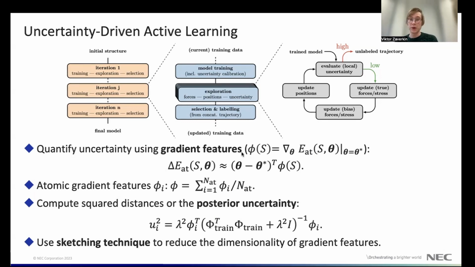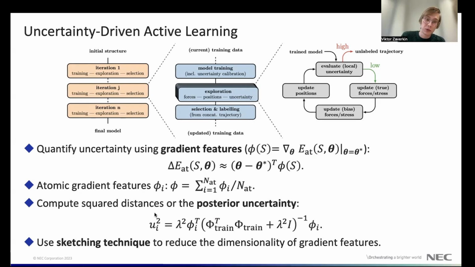What I also want to mention here is that, of course, due to the locality approximation, our gradient features can be decomposed into the local contributions into atomic gradient features here. And this allows us to compute uncertainties for global and local properties such as total energy and atomic forces.